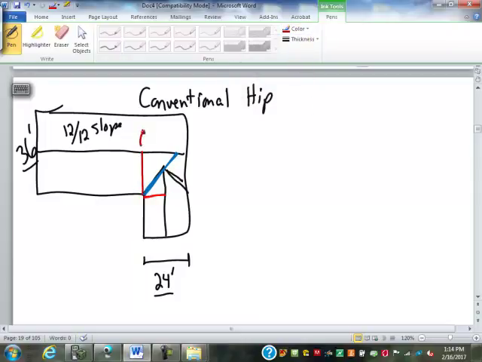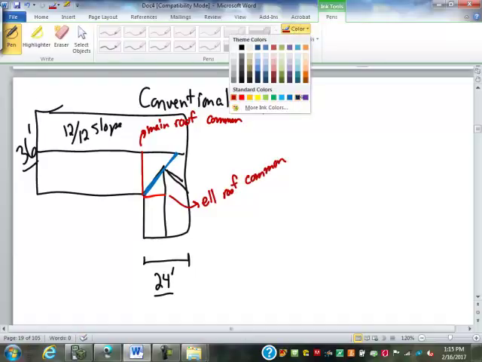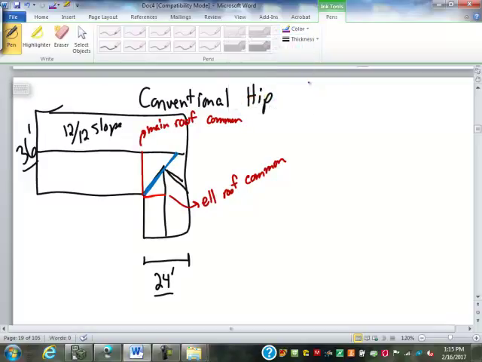Remember, this is the main roof common. This one would be the L roof common. Does it matter which one we use? No. In fact, we're about to do this problem both ways to show that you're going to get the same answer either way.